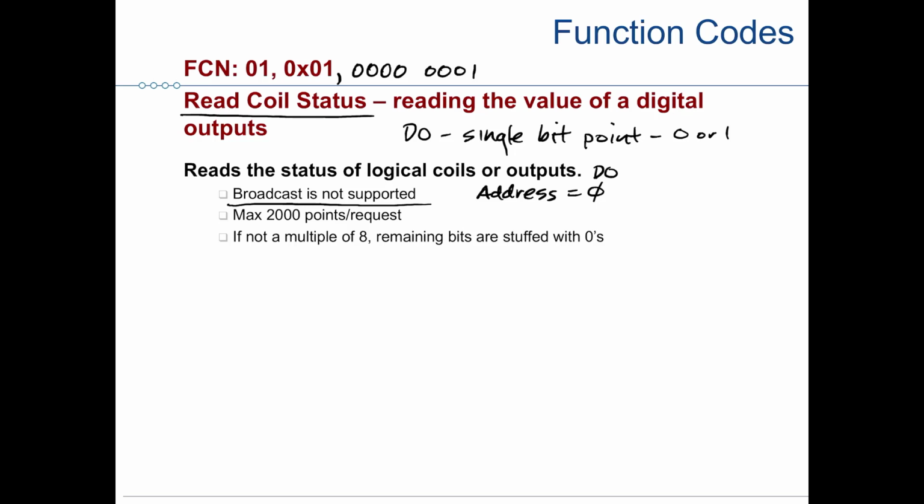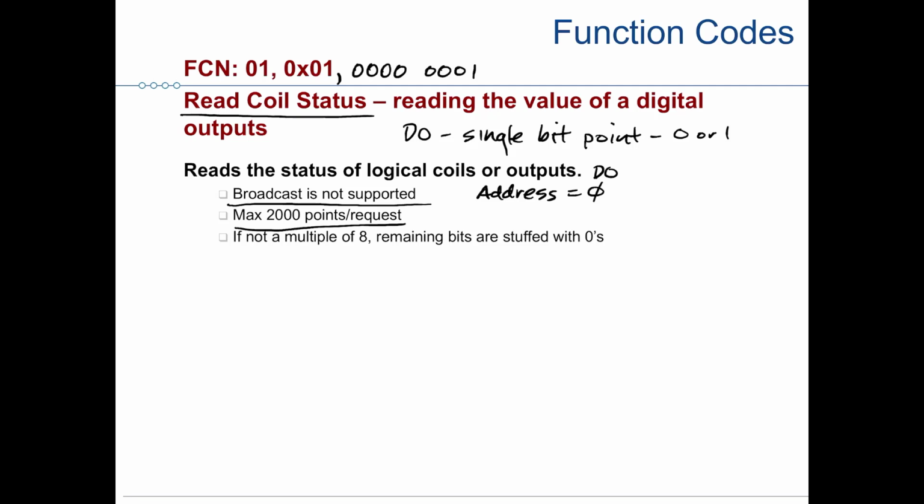And it's certainly not expecting a response to that like it would in a read command, because it's sending the message to everybody at once. If everybody at once tried to get on the network, there'd be a data collision. So broadcast is not supported for any read functions. And it says the maximum points is 2,000 per request. We'll see why that is in a minute when we look at the response.